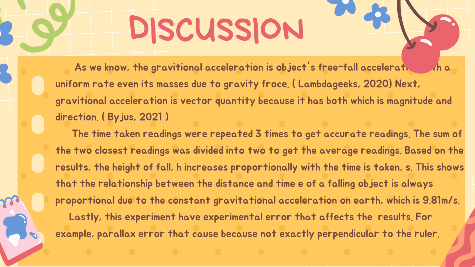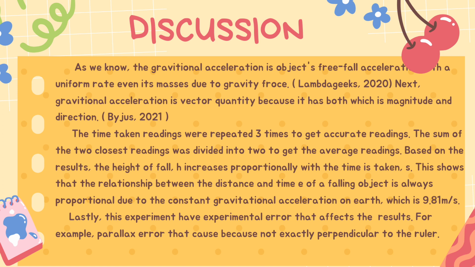Gravitational acceleration is a vector quantity because it has both magnitude and direction. The time taken reading was repeated 3 times to get an accurate reading. The sum of the two closest readings was divided by 2 to get the average reading.